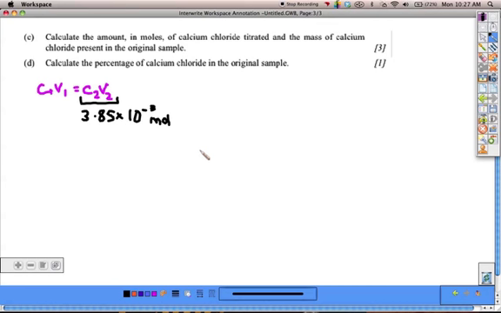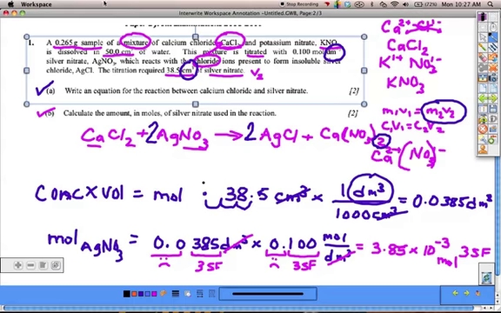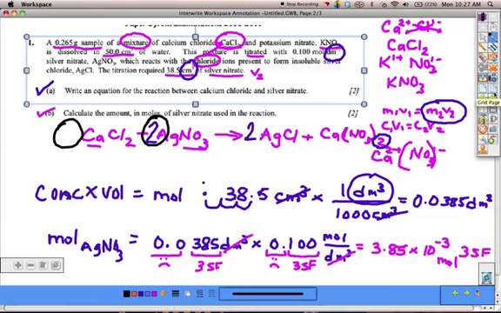I also figured out in the last problem that it's not a one-to-one relationship. What I do know is that for every 1 mole of calcium chloride, there are 2 moles of silver nitrate used in the titration.